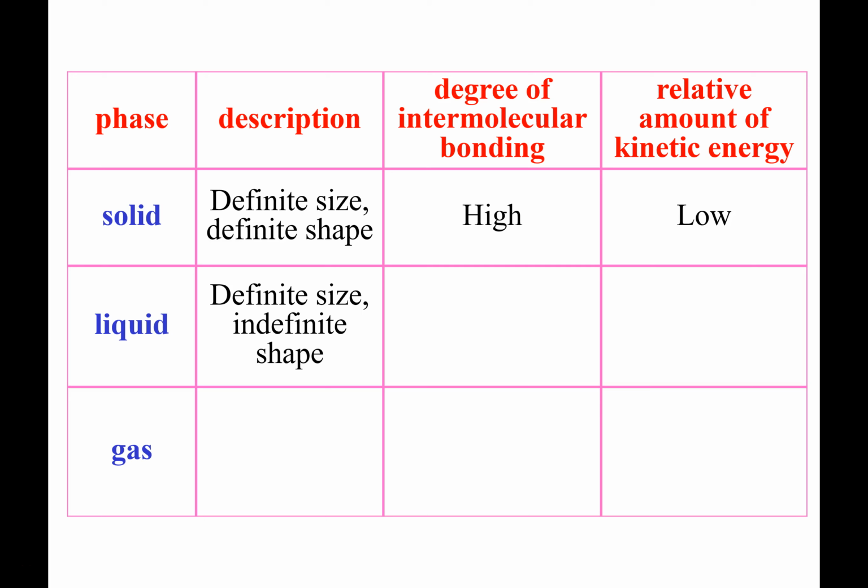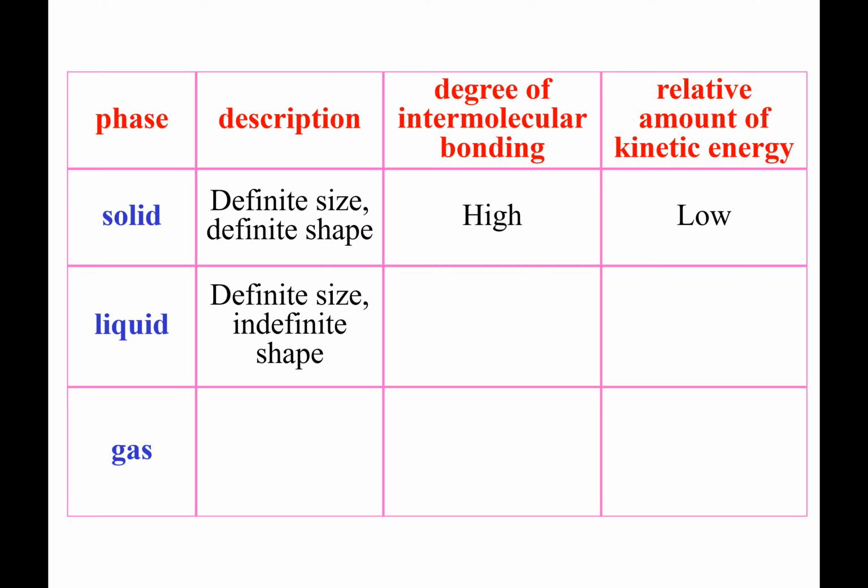But I could pour it into a tall piece of glassware called a graduated cylinder, and it would take on the shape of the container. I think that's pretty cool too. But it'd still be 400 milliliters. So for that reason, we say its size or volume is set at 400 milliliters, but its shape takes on the shape of the container.